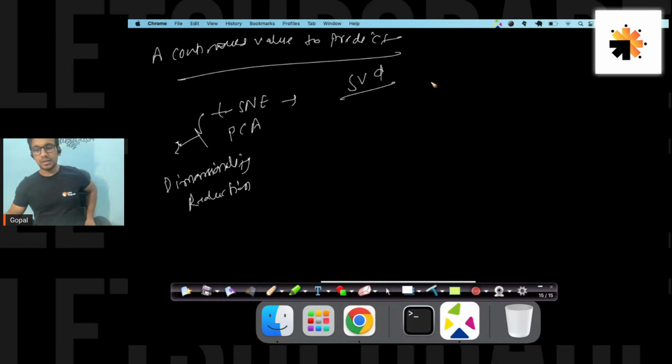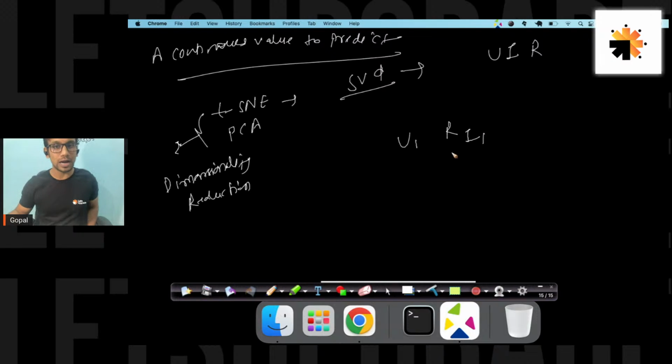So in matrix factorization, I will not be able to get into the full details of it, but let's say you have three matrices here, for the user, for the item, and maybe for the rating. Let's say a user rates an item, I'm just calling it Ri. Let's call it U1, and this will be your item 1, and this is your rating 1.